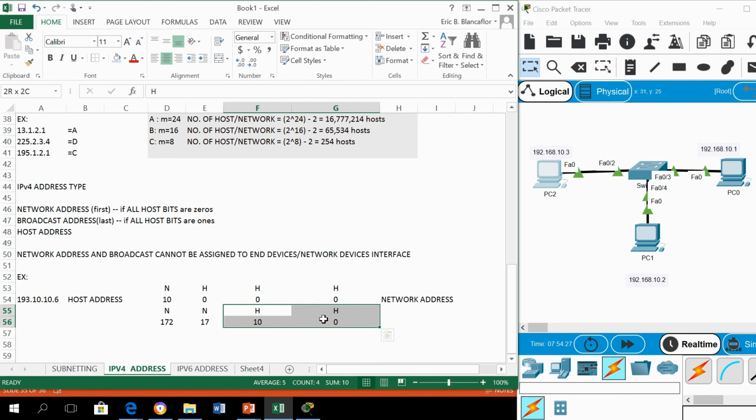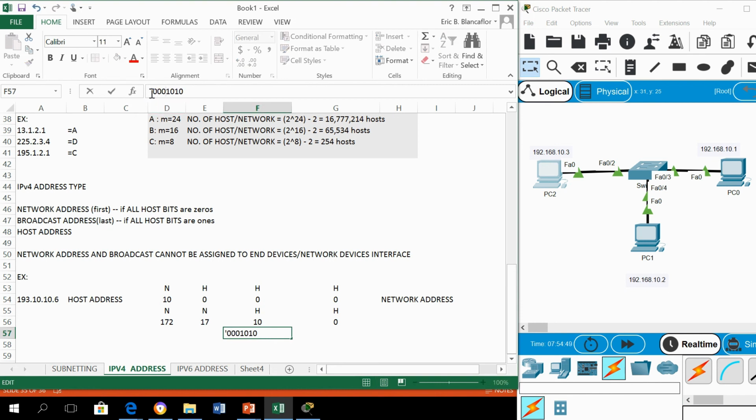We look at the host part. Our condition should be all host bits should be zeros. This is a 0, but this one is not 0, right? It's 10. And in binary, 10 is 1010. So it's not all zeros. It did not meet the network address. Of course, it's not a broadcast because it's not all ones. Therefore, since this is not a network address nor a broadcast, that is a host address. That's how it is.